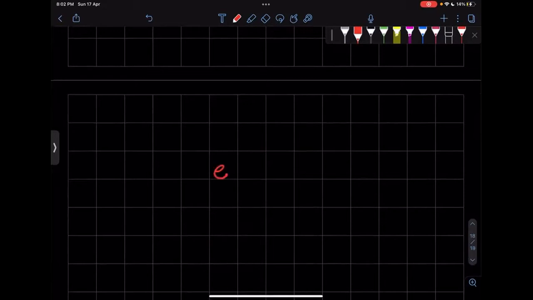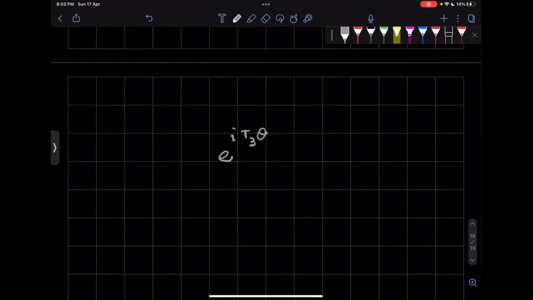Let's take e to the power i T3 theta in SU2. This relates to a rotation matrix in your SO3, which is rotation around the z-axis by something like this.